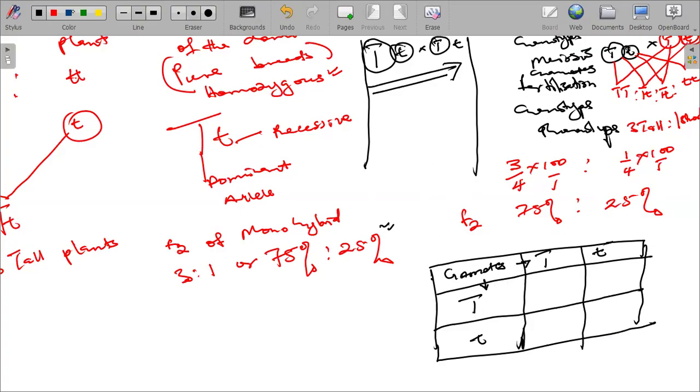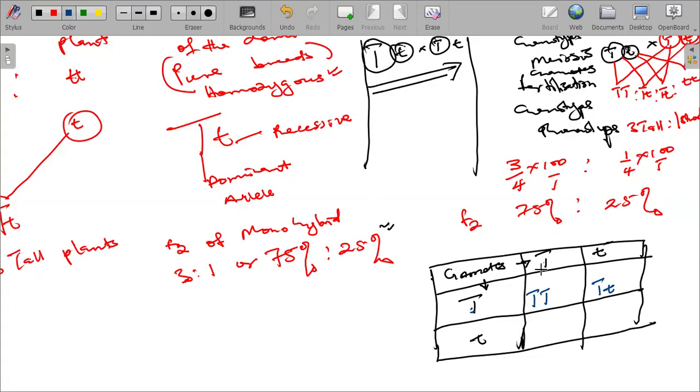Having this, we take this T here and it comes here, and that T comes there. We take also this t here, and each of them goes with what is coming according to the table or box that we are having.